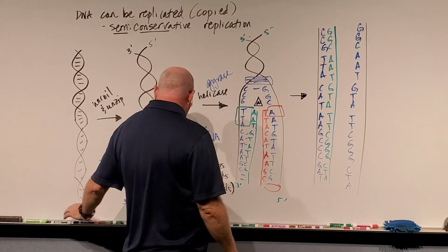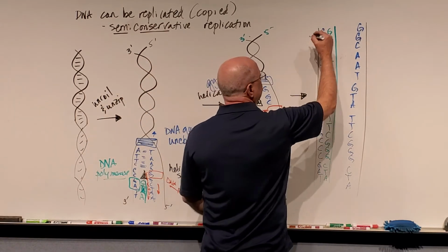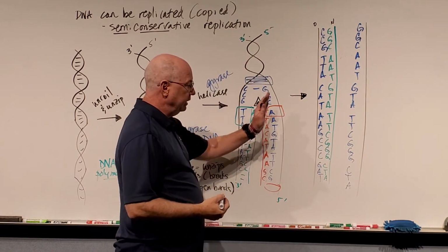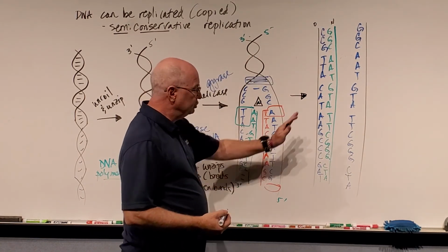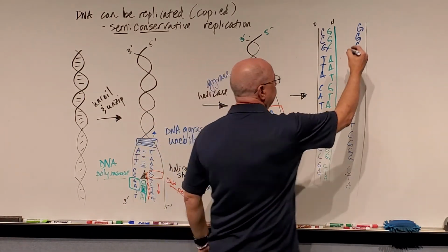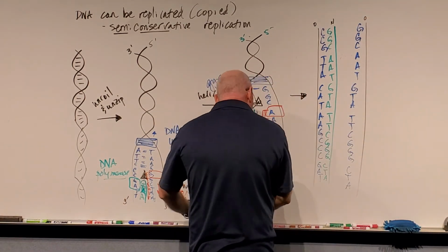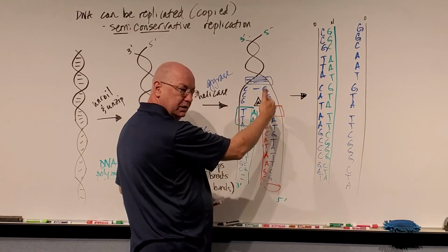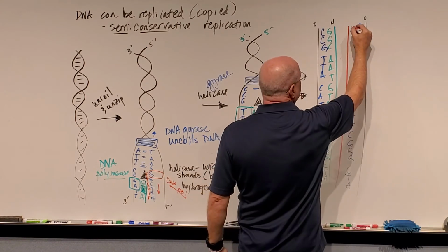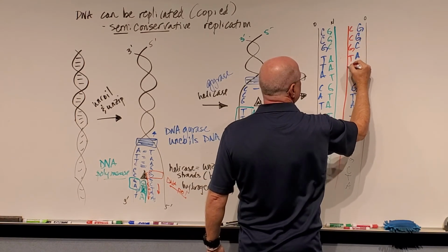And so when I'm done replicating DNA, I have one original and one new strand. Hence it's semi-conservative. I've conserved one original strand, but the other strand is new. And on this original strand, when the DNA polymerases are all done and the Okazaki fragments are all linked, I would have a long strand of DNA that would read this.